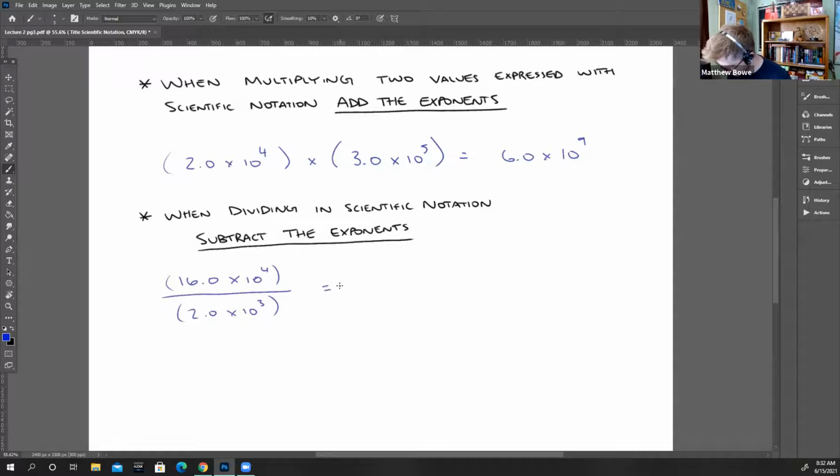So we would have a result of 8.0 times 10 to the, we're going to subtract the exponents, but it's just 10 to the first power. So I can leave it as just times 10. I could put the 1, or for results, I could put 80, since 8 times 10 is 80. In any case, I'll just leave it like this so you can see the subtraction.